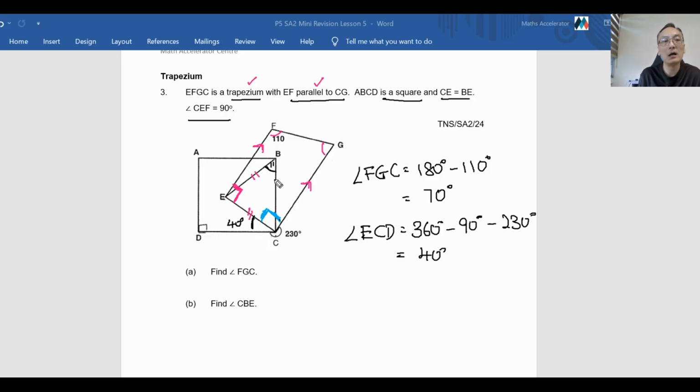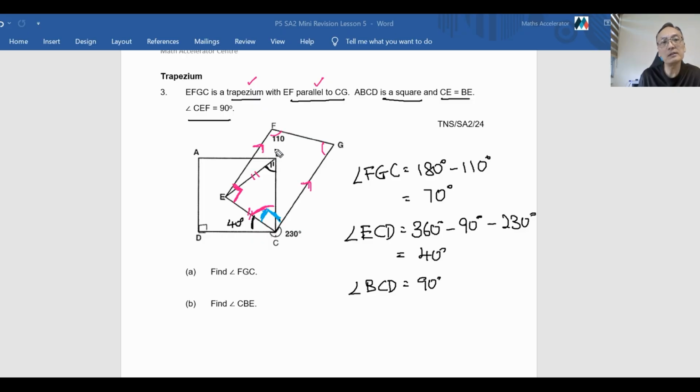Next, BCD is a corner of a square, right? So it will be 90 degree. Let's write over here, angle BCD is 90 degree. So next, I want to find this angle here, BCE.